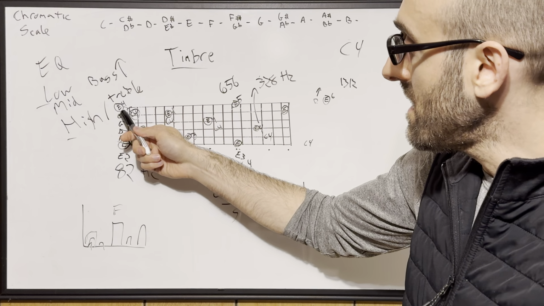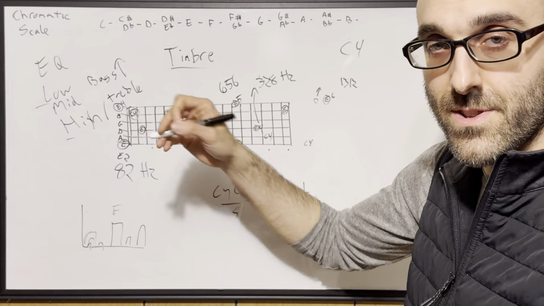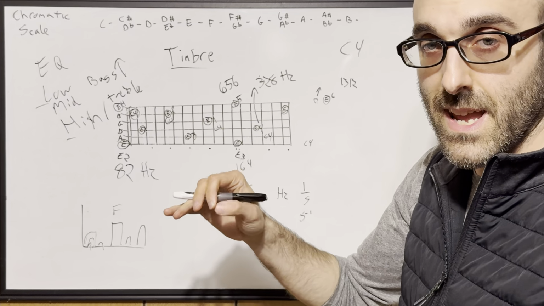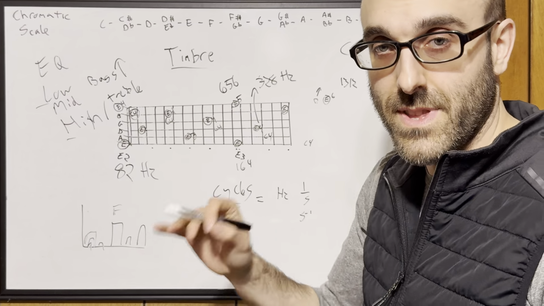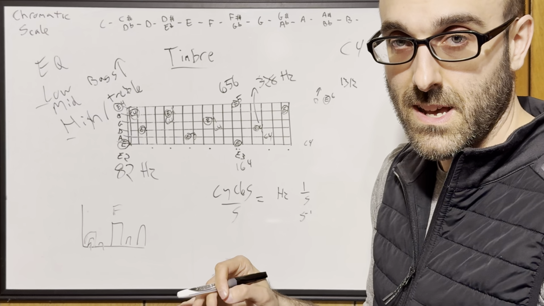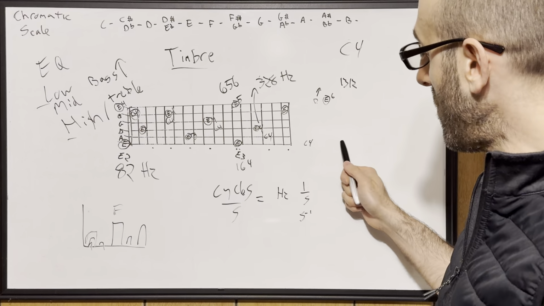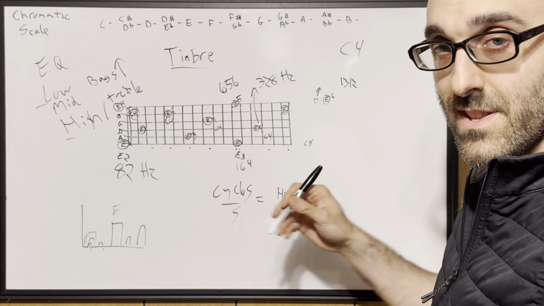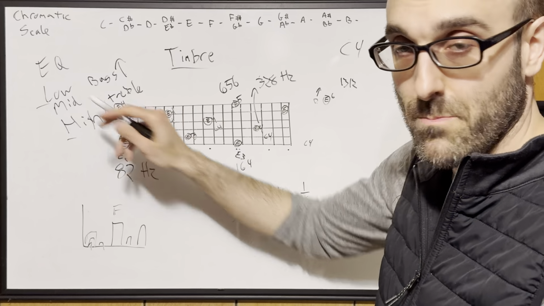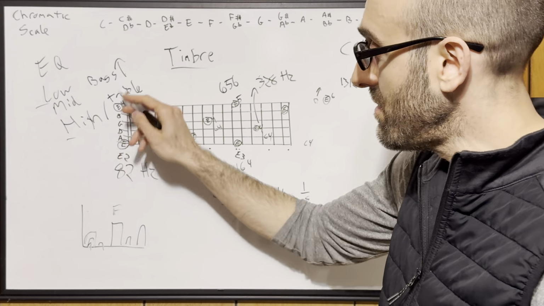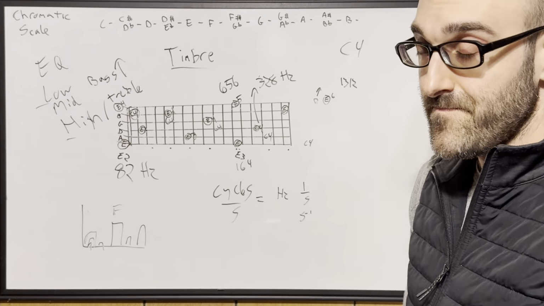So if I play E4 on this string, because it's an unwound string and it's very thin, it's going to have a very treble dominant frequency, okay? But if I play it way over here, because it's on a wound string, it's going to have more bass frequencies and more mids, whereas this is going to be mostly trebles, okay?